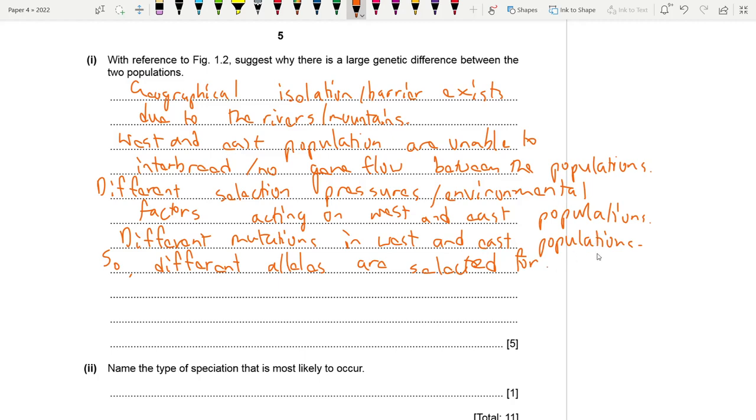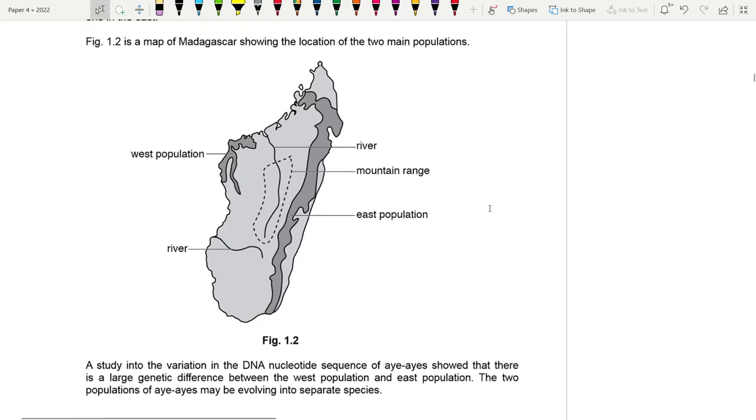So you could refer to genetic drift. What happens in genetic drift? Basically, suppose the east population was not there initially, and somehow a few of these animals made it across the mountain and went to the west side. This is a new population. So when a very small gene pool from the original population goes to another part of the island, they're going to experience different selection pressures, and that effect will be more pronounced on smaller populations.